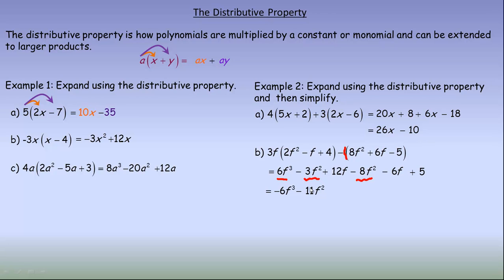You can also think of it as negative 3 subtract 8, which is also negative 11. This 12f term and minus 6f term are like terms, so 12f minus 6f is 6f, so that's positive. 12 minus 6 is positive 6, so write plus 6. And the 5 in the end is the only constant. There's no f with that one, so we just write plus 5. And so that is simplified.